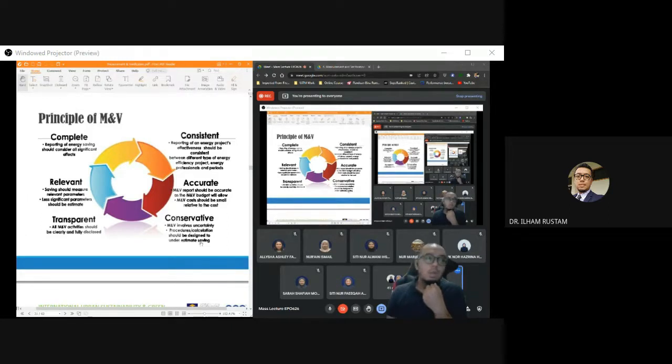So if your data shows you might have the possibility to save, let's say 60%, try to work your MNV in such a way that it reduces the expectation, maybe instead of 60, now go to 40%.